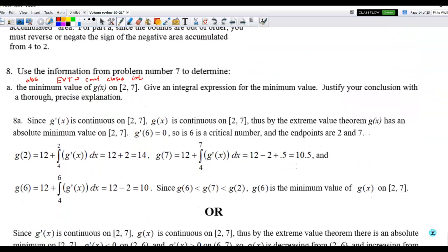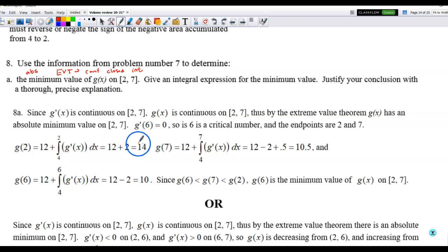So let's see what I said. In my write-up, I said g prime of 6 equal to 0, so 6 is a critical number, and the endpoints are 2 and 7. Now, I had already calculated g of 2 to be 14. I can calculate g of 6 the same way by doing that accumulated area to be 10. And I think I had already calculated g of 7 from above.